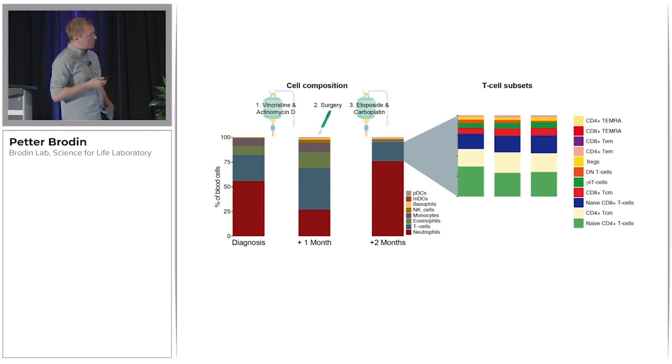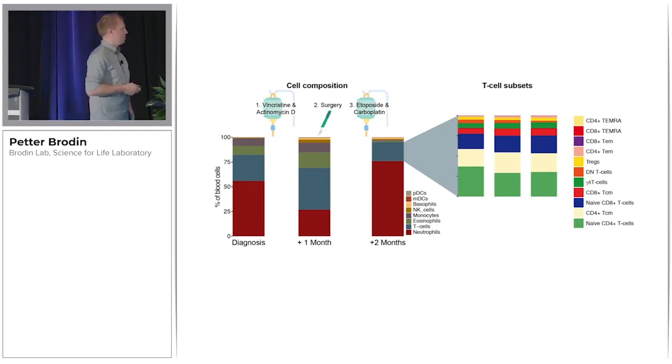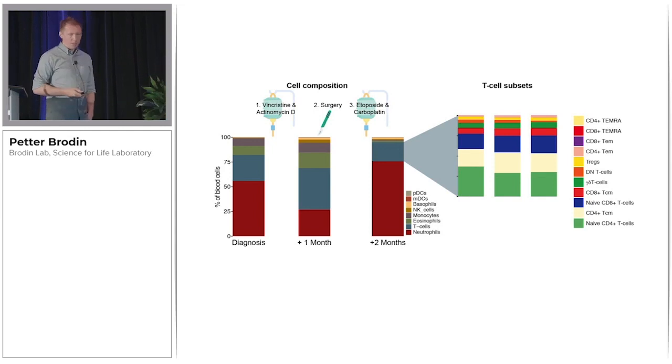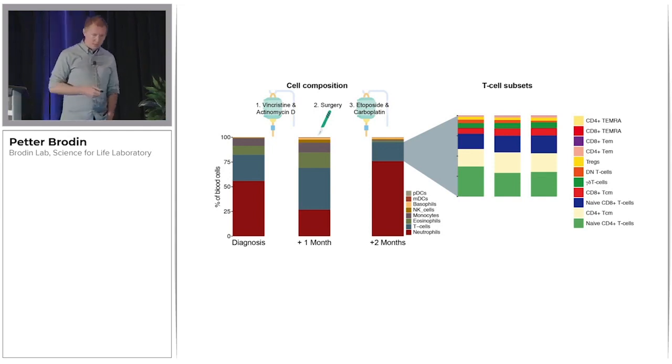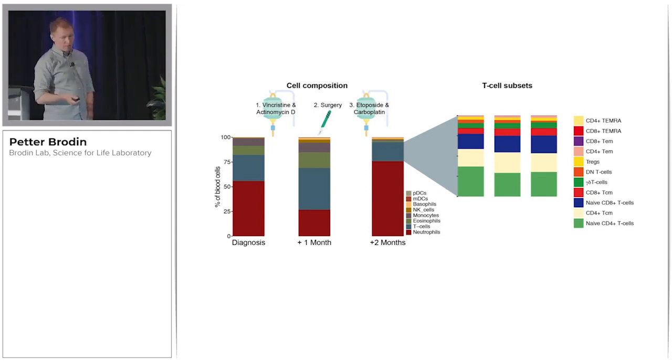So these are the kinds of questions that we can try to start addressing, right? If you look at the first two bars there, for example, the neutrophils come down, and they all knew that already, no surprises. But look at eosinophils, for example, it's completely unharmed here. And when we're looking within the T-cell populations during these different treatments, there's almost no relative changes at all. So all the T-cells are affected the same way by this particular treatment.